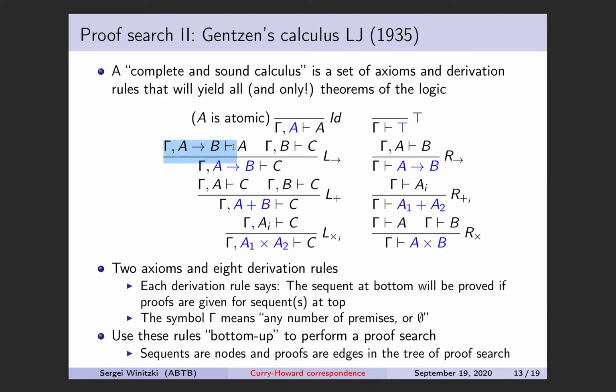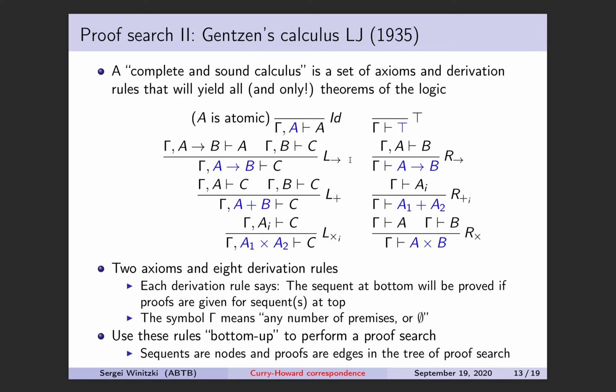Derivation rules have one or more sequents in the numerator. So these are assumed, and then you get this. So this is the notation that mathematicians use. So these rules mean in order to prove various things, we need to prove some other things first.